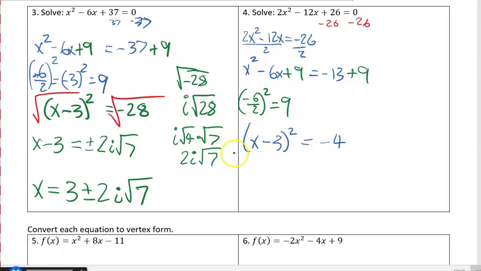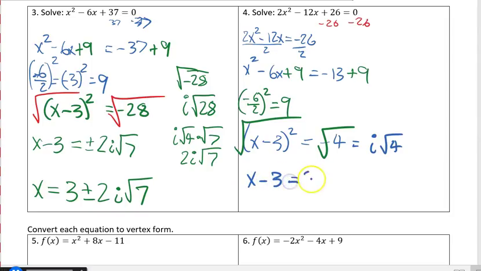And then square root both sides. And the square root of negative 4 equals i times the square root of positive 4, which is 2. So x minus 3 equals plus or minus 2i. So x equals 3 plus or minus 2i.